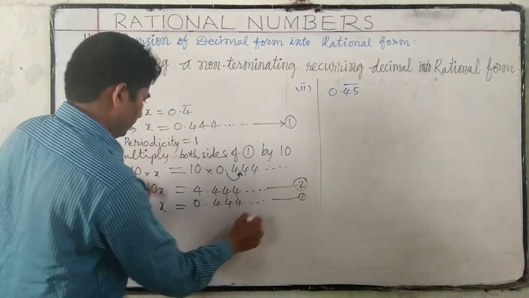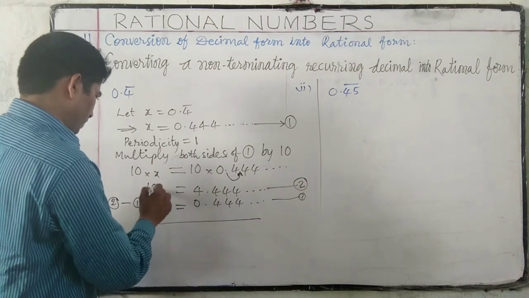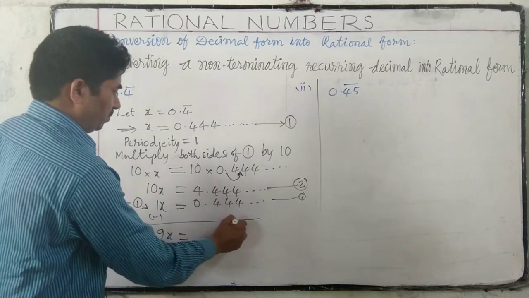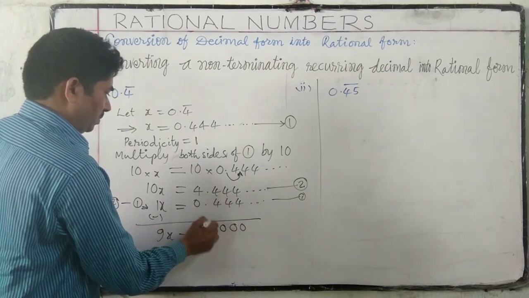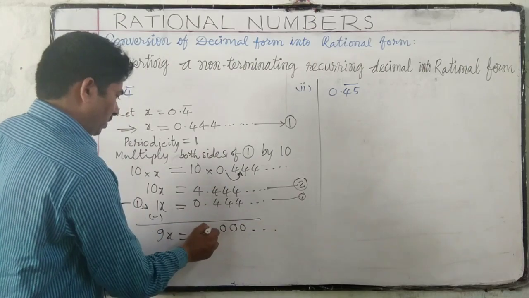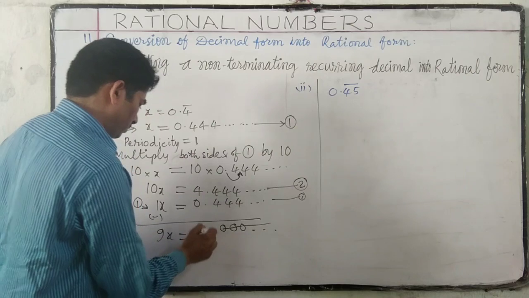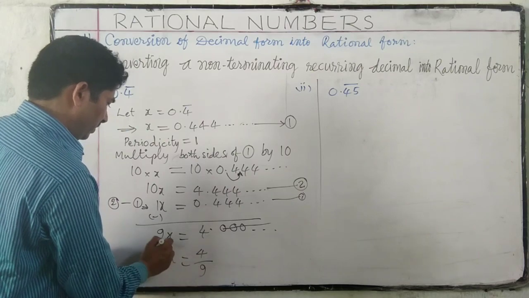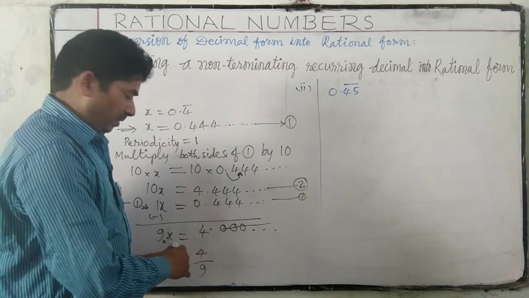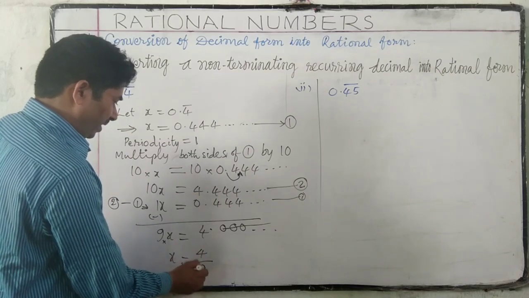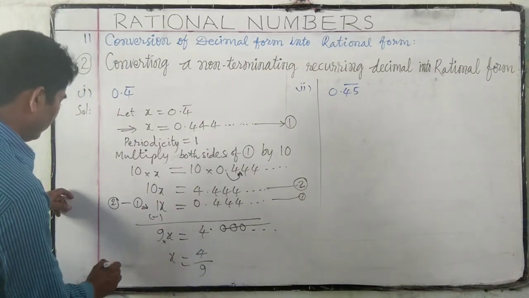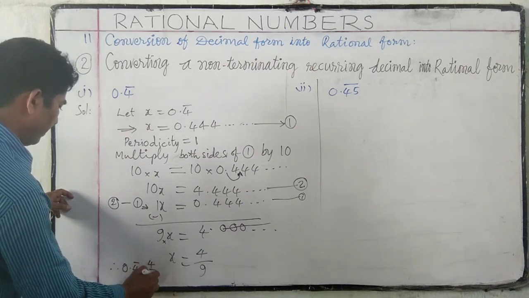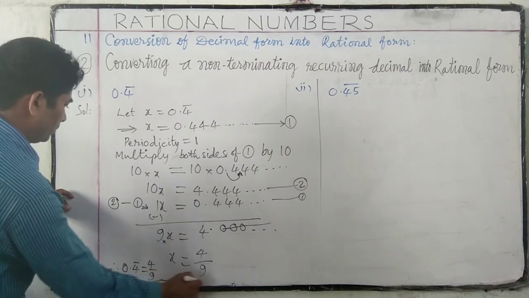We subtract this. 10x minus x is 9x, equal to 4. We don't need to write these zeros. So x is equal to 4 by 9. The multiplication quantity becomes a division quantity. x is equal to 4 by 9. x means 0.4 bar is equal to 4 by 9. So this is the answer.